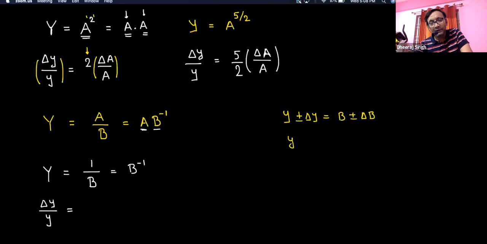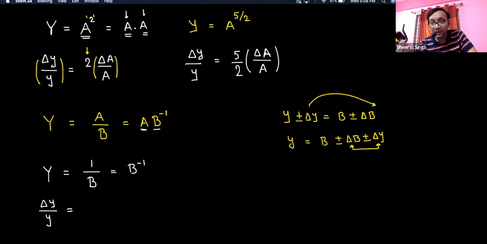If I bring this delta y over there, then also that delta y will not get subtracted with delta b. It will get added up. Errors never get subtracted, because you are trying to play safe. You are trying to find out the maximum possible error. So delta y by y in this case will be simply delta b by b only.